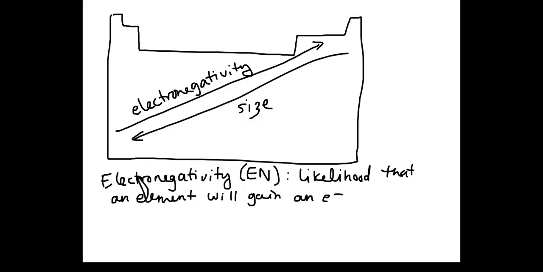For your purposes, just know that the trends are opposite. Electronegativity increases up and to the right, and size increases down and to the left. Questions on that? If you go on into 110, you will learn some of the quantum mechanics behind those trends.